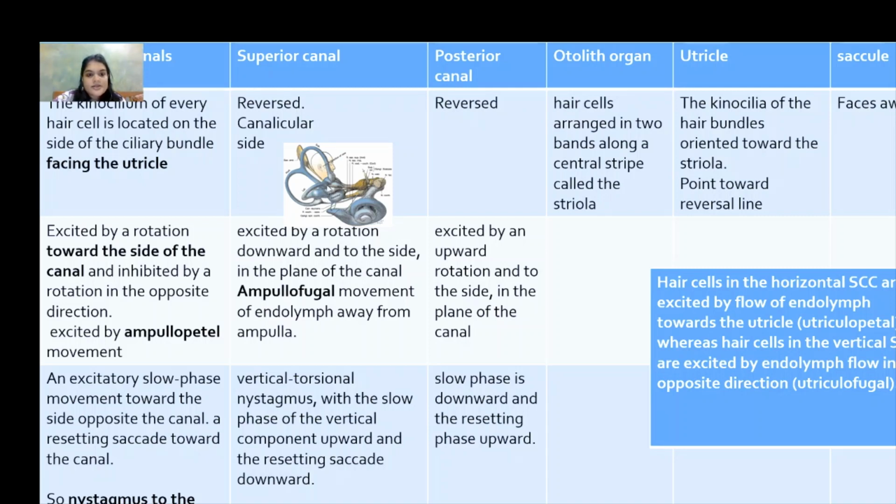When the deflection is towards the utricle, that is, stereocilia and kinocilium move towards the utricle, the canal is stimulated. So when the endolymph is moving towards the utricle, the canal is stimulated. So it is excited by an ampulopetal movement, that is, endolymph movement towards the ampulla. Ampulopetal movement excites the horizontal canal.